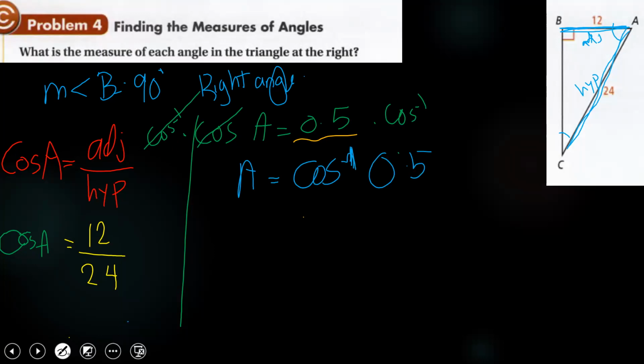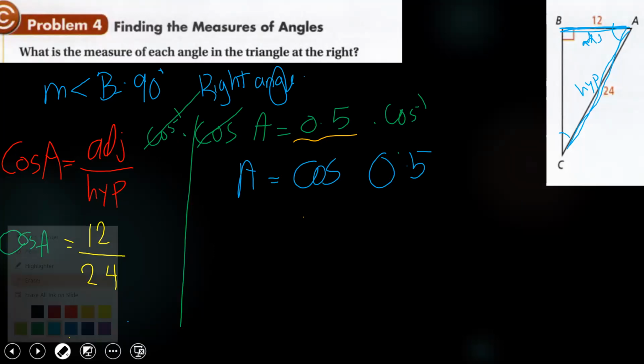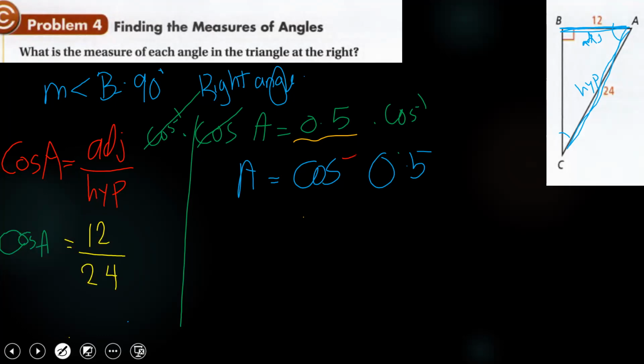So the first step, I find which trigonometric ratio I should use. I saw that it is cosine. After I find the cosine of A, it is 0.5, but I don't want cosine, I want A. I will use something we call the inverse of the trigonometric ratios. Cosine inverse of 0.5 will be the measure of angle A.